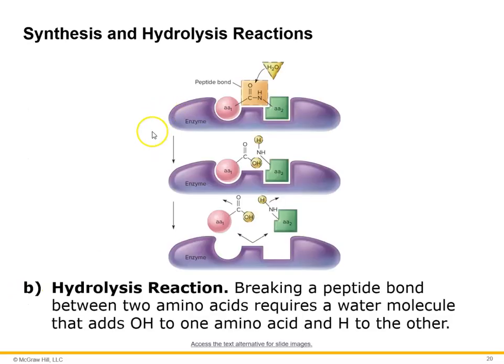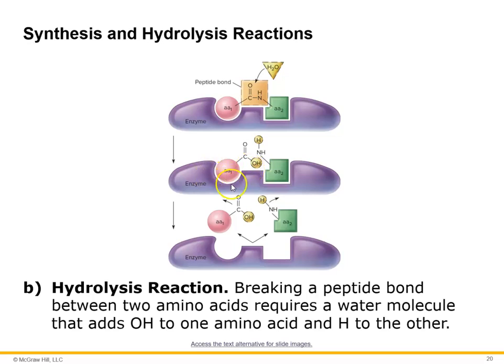Okay, here we have an example of a hydrolysis reaction. So here's our enzyme. Here's the molecule, and it's fit into the active site of the enzyme. And then it's going to take water into this area.